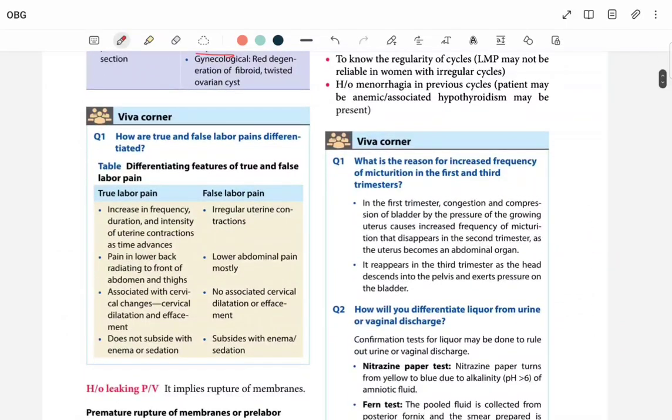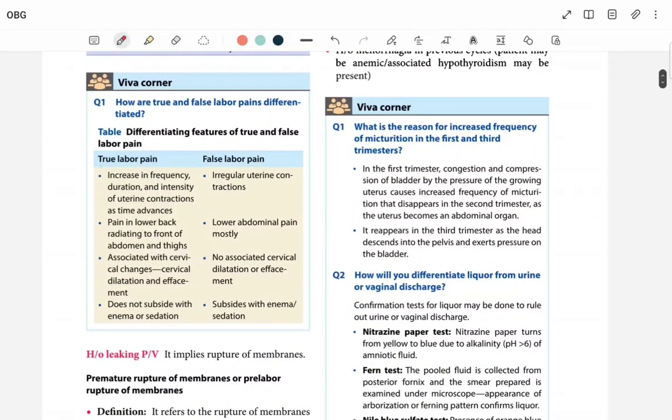Okay, so how will you differentiate between a true labor pain and a false labor pain? True labor pain is where there is an increase in frequency, duration and intensity of uterine contractions as time advances. Pain in the lower back will be there, radiating to the front of the abdomen and thighs.